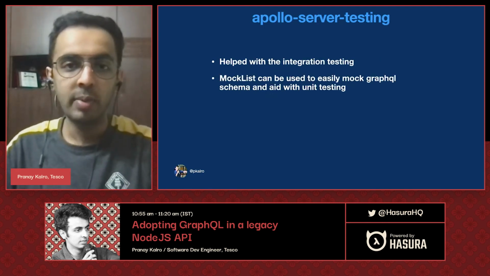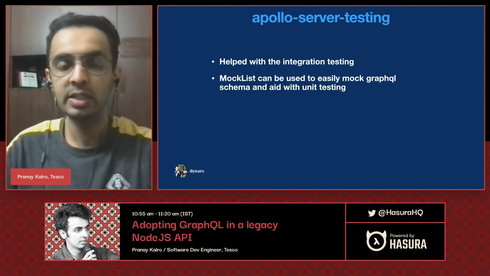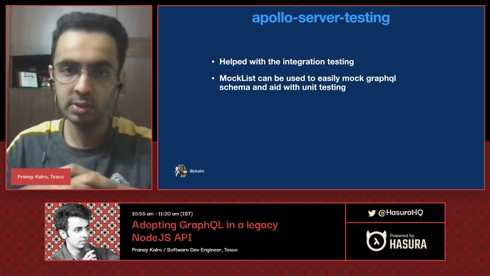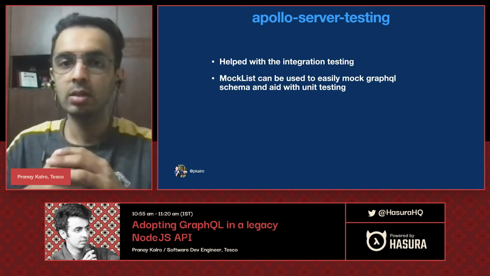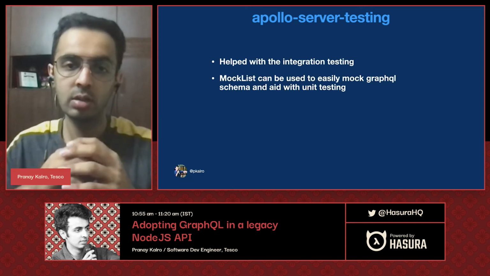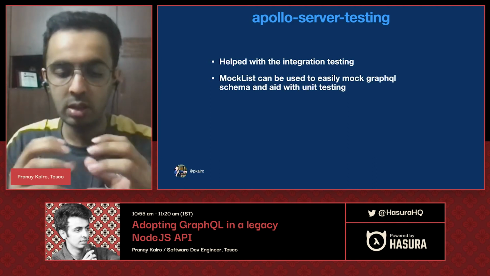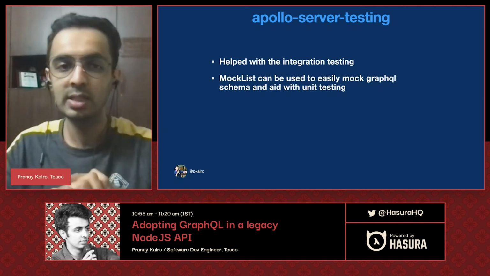Now, coming to the third tool as part of the migration toolkit, it is the Apollo server testing. Like I mentioned, we used Apollo server to solve our problem. Apollo server testing has very good documentation around how you can leverage its test client to do integration testing and unit testing easily.